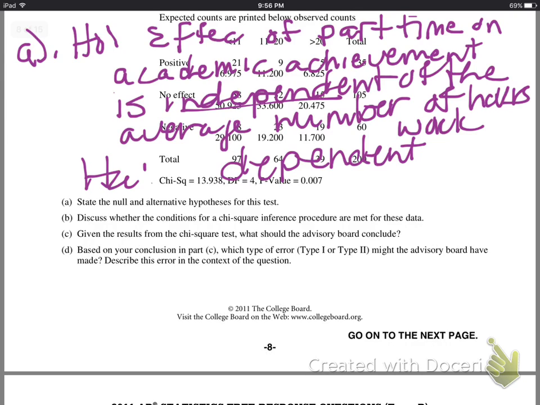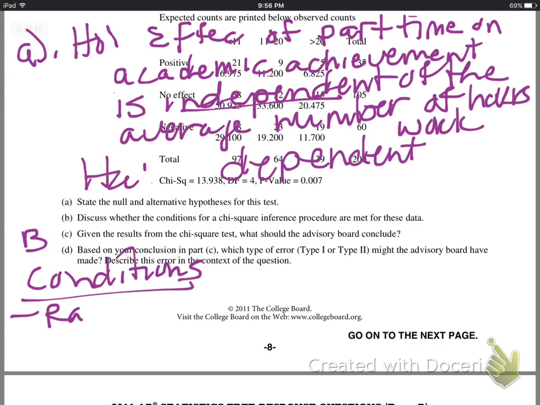All right? Okay, so discuss whether the conditions for a chi-squared inference are met for this data. So do they talk about how they were chosen randomly? So the conditions for B: random is stated. Each person's effect.